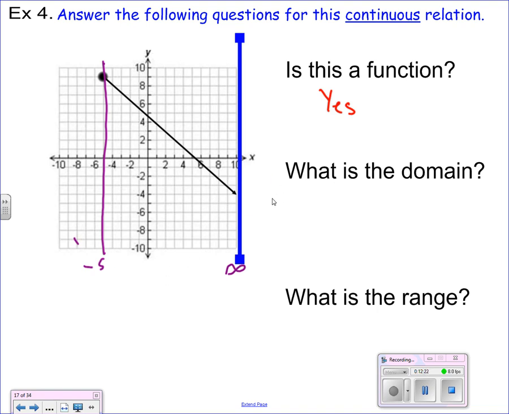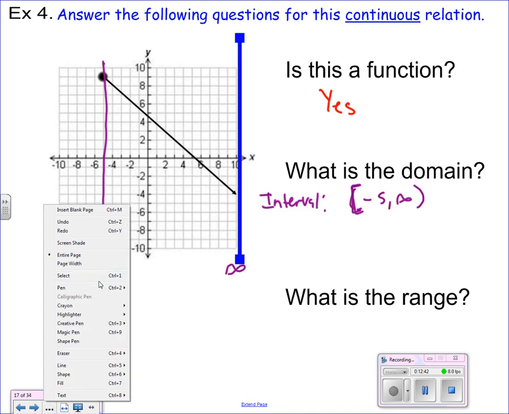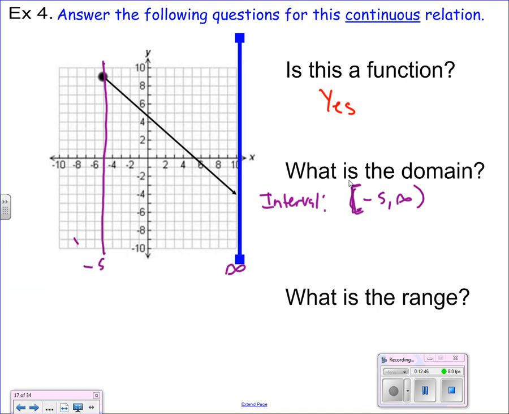So we would say in interval notation that the domain has a bracket because that's an endpoint at negative 5, and then comma infinity and use a parenthesis. Again, you have to use a square bracket on the negative 5 because that's a definite point.